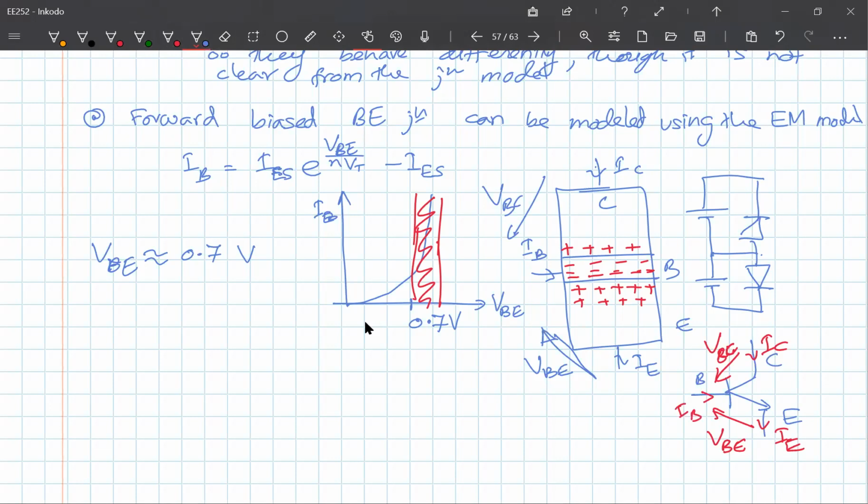So according to the Ebers-Moll model, beta is equal to IC over IB. Now if you have the base emitter junction forward biased and the base collector junction reverse biased, the way it is designed to be used, this value is about 100. It's a pretty big value.